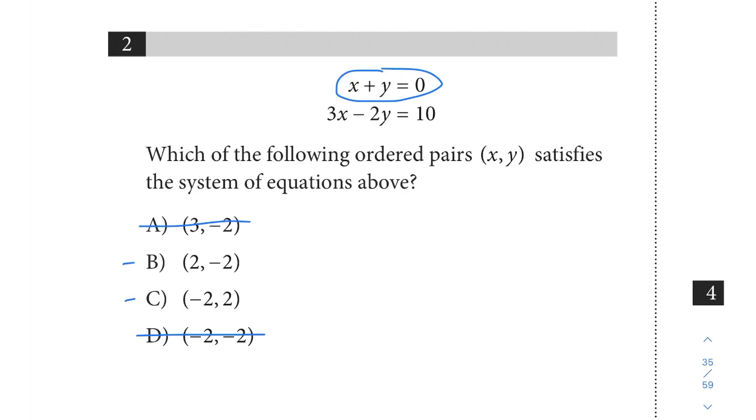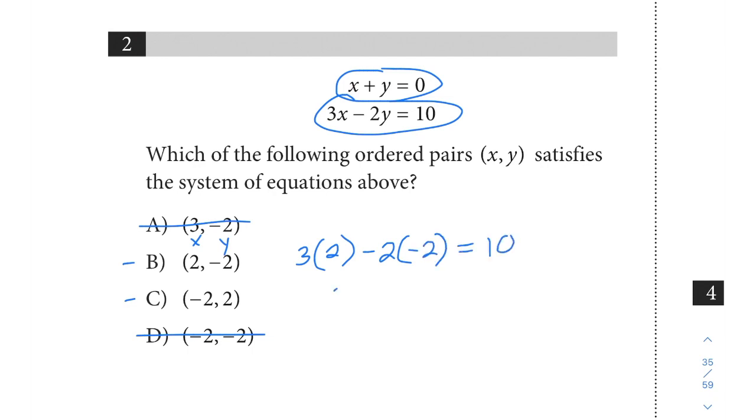And now we just need to test out an answer choice on the second equation. This one's a little bit more complex, but let's test out B, because the correct answer has to work for both. So if we plug in a 2 for x, remembering that every coordinate that you see is written x comma y, so that would be 3 times 2 minus 2 times negative 2, and we have to be very careful with signs here, equals 10.